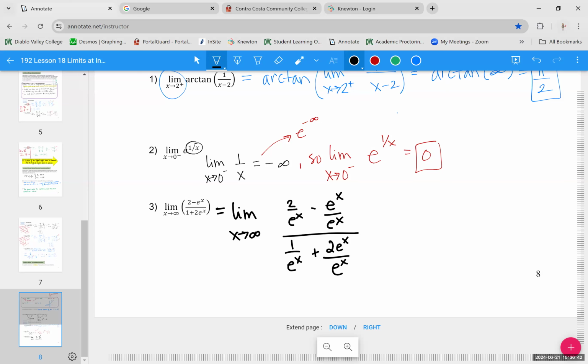So this technique is useful in this kind of scenario as well, because there's not much more we can do with it. And again, anything with an e to the x left over in the denominator is going to go to 0, because you have a constant over something that's getting really, really big. And so your final answer here will just be -1/2.